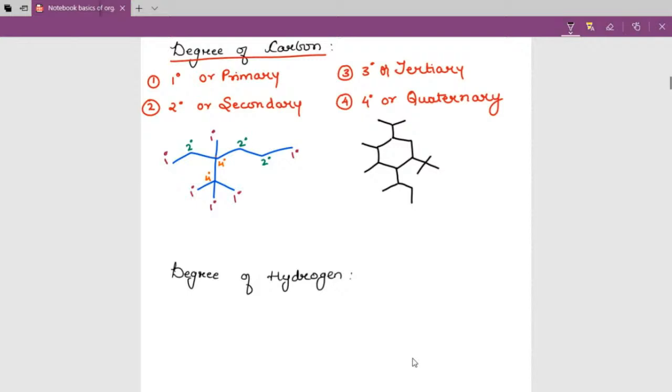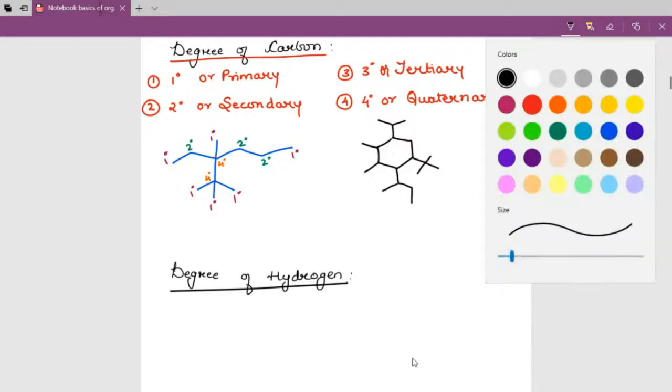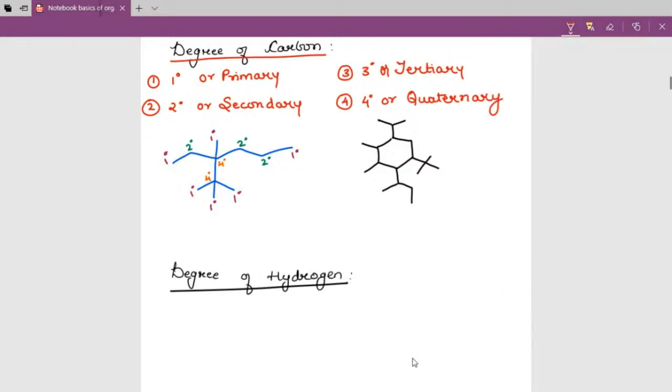Okay, moving to next, what is the degree of hydrogen? Degree of hydrogen is based on the carbon with which hydrogen is connected. See, if hydrogen is connected to primary carbon, then it is called primary hydrogen. If it is connected to secondary or 2 degree carbon, then it is called secondary hydrogen.